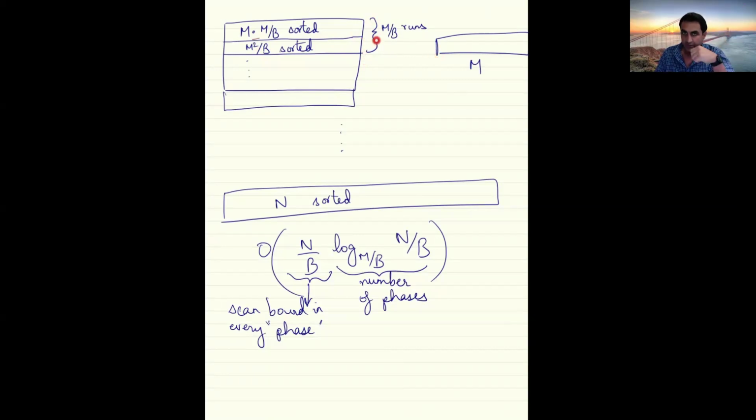After this step, the size of my runs will become m cubed over b. And again, I take m over b runs, each of size m cubed over b, and I merge them. I keep doing it until I have the final sorted run.